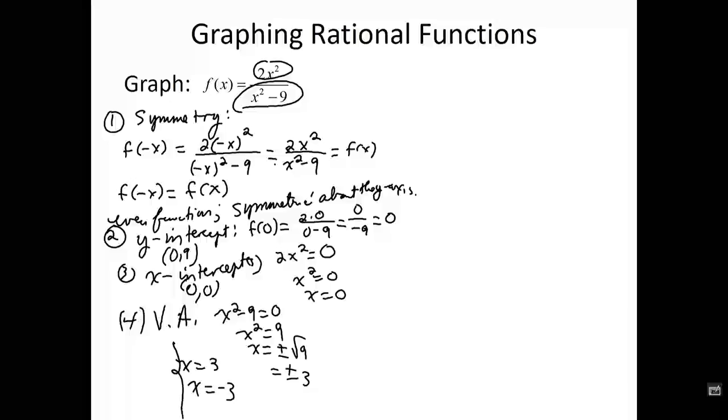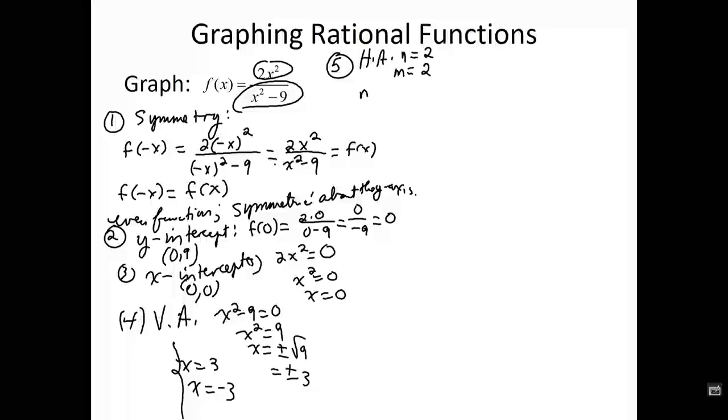All right, now the horizontal asymptotes. In this problem, the degree of the polynomial function in the numerator is 2, and so is the degree of the polynomial function in the denominator.